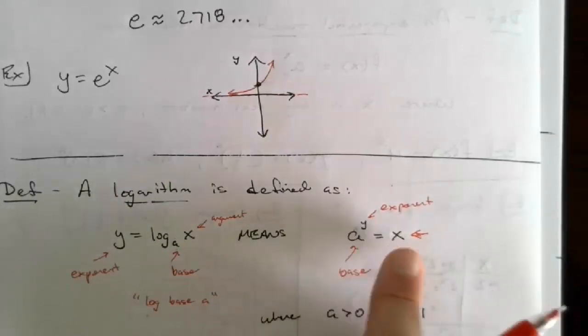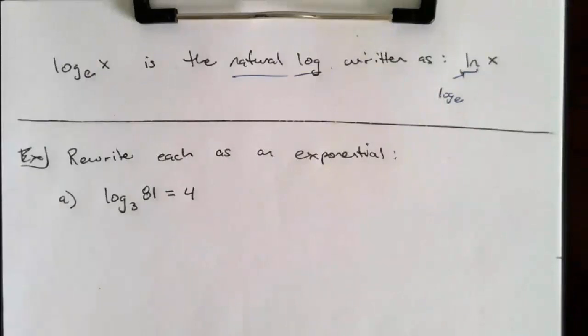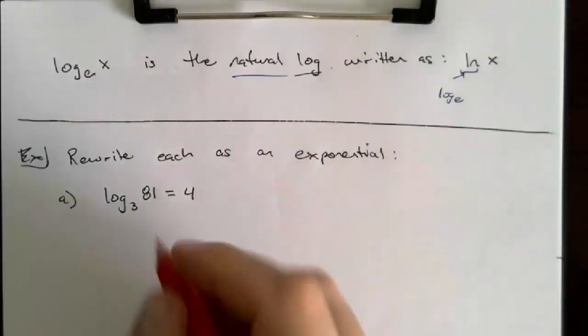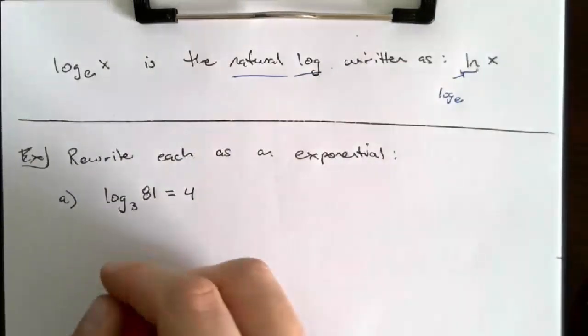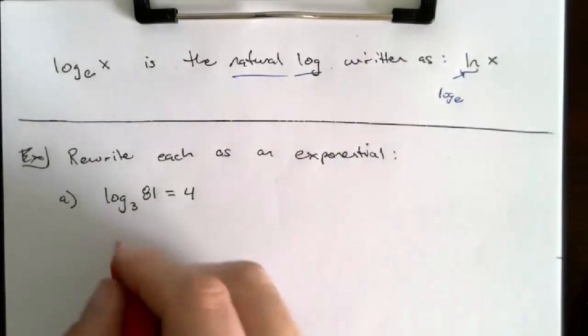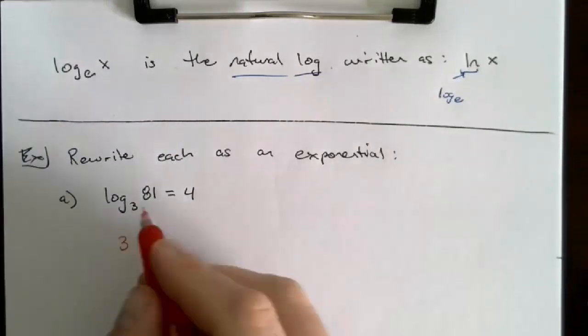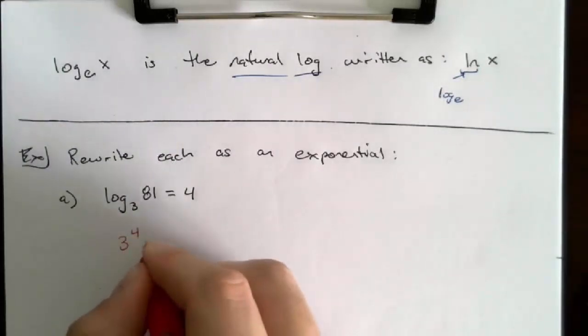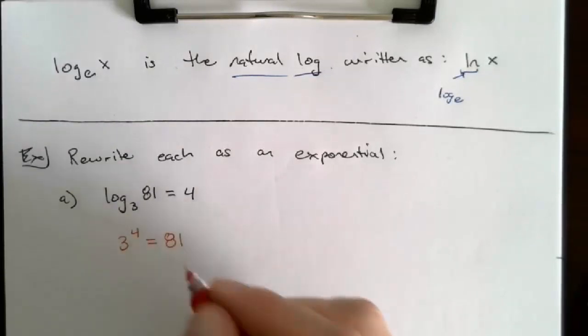The log is equal to the exponent, and then the exponential is equal to whatever the argument of the log is. So if I'm looking at log base 3 of 81 equals 4, if I just want to rewrite as an exponential, you should ask yourself, what's the base? Well, the base is 3. What's the exponent? Well, the log's always equal to the exponent, so it's 4. And then what's the exponential equal? Well, it equals the argument of the log, which is 81.